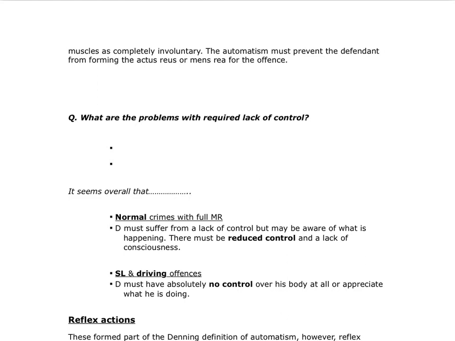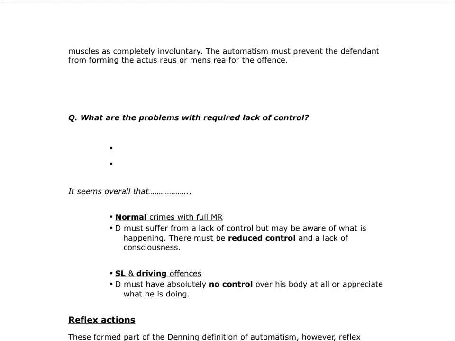But how do you prove, looking at the defendant, whether or not they had a reduced or a particular level of control? So there's all sorts of issues here. Number one, what level of control are we looking for? And number two, when you've made that decision, how do you prove that?